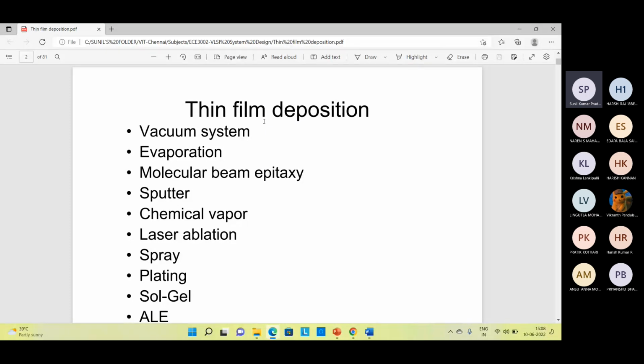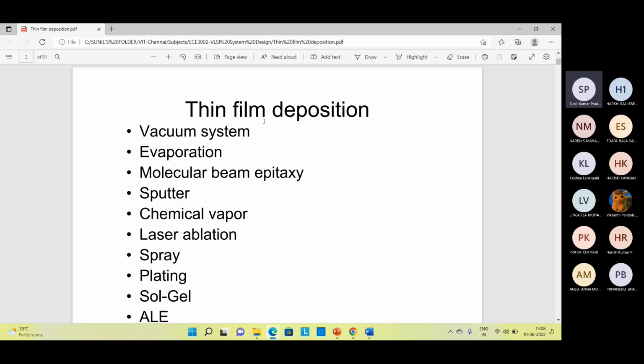Another is sputtering. Sputtering is a method where we eject atoms and molecules from the target material and finally deposit them on the substrate. The fourth one is chemical vapor deposition, where chemical entities interact with each other and finally are deposited on the substrate.